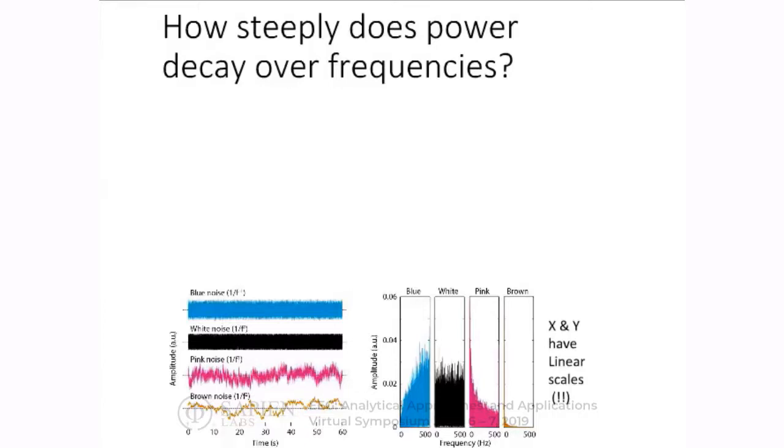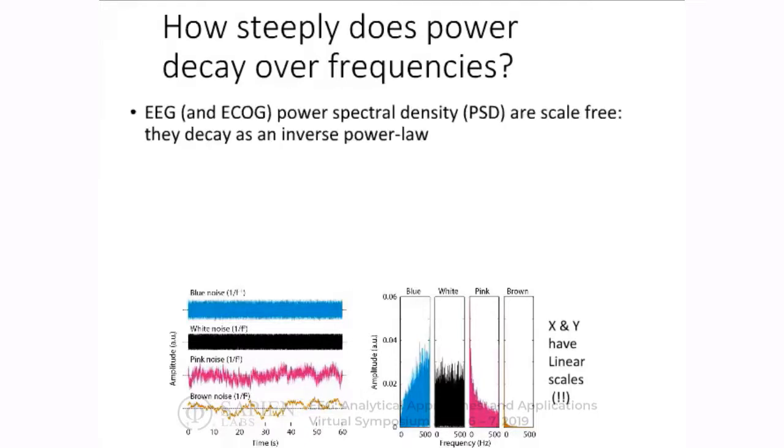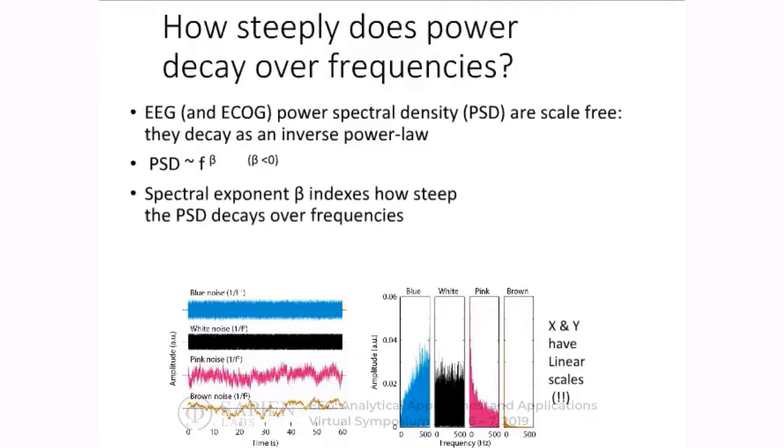There are some variations, and we have seen that EEG and ECoG have a power spectral density with a scale-free background, which can be described by a power law. Here, beta would be the index, and it's typically less than 0, somewhere between pink noise and brown noise.